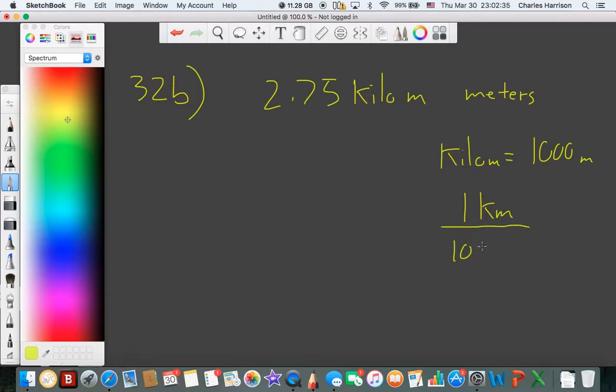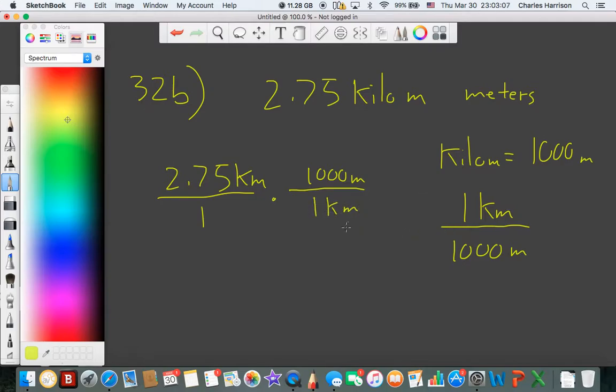Okay? And again, we want to cancel out the kilometers, so we need to have a kilometer on bottom, right? Because this is really 2.75 kilometers over 1. So we need to cancel out the kilometer, and so we need to times it by 1,000 meters over 1 kilometer, like so. See that?